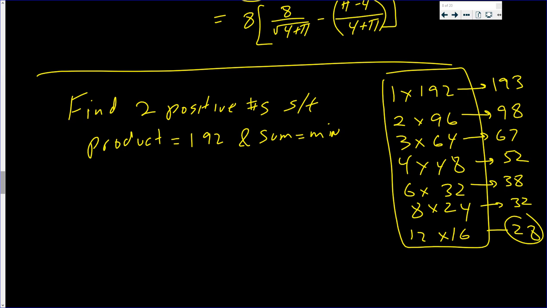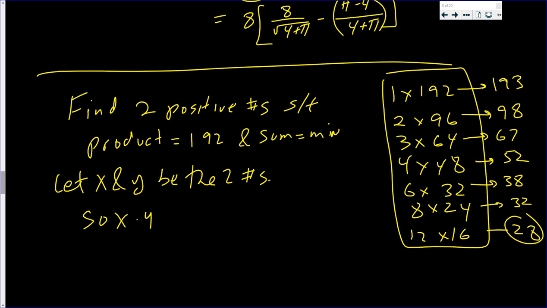You want to use calculus. So let x and y be the two numbers. Then x times y equals 192, and you want to minimize x plus y.